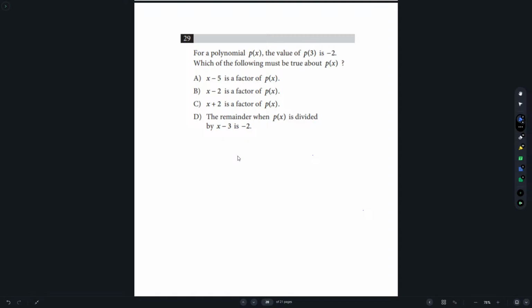P of 3 is negative 2. When we divide by x minus 3, do we get negative 2? I just don't see how this follows. You plug in 3, you get negative 2. Okay. Let me grab this question.